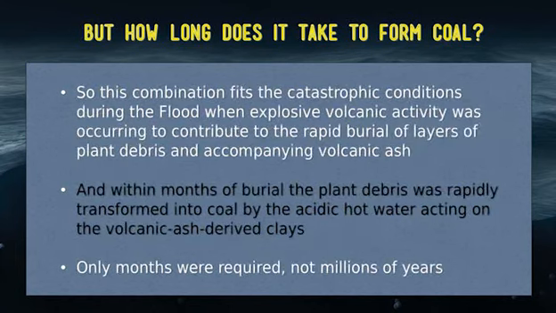So this combination fits the catastrophic conditions during the flood when explosive volcanic activity was occurring to contribute to the rapid burial of layers of plant debris and accompanying volcanic ash. And within months of burial, the plant debris was rapidly transformed into coal by the acidic hot water acting on the volcanic ash-derived clays mixed with the plant debris. So only months were required, not millions of years.